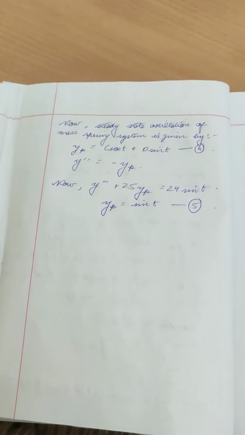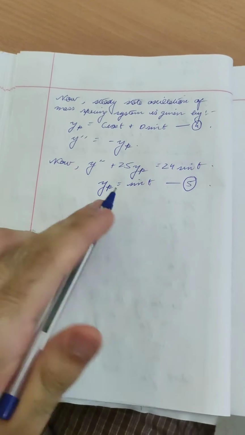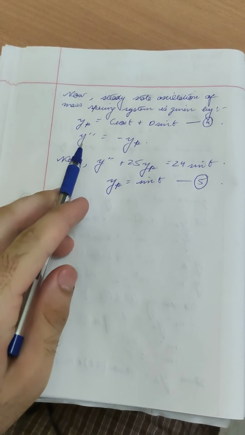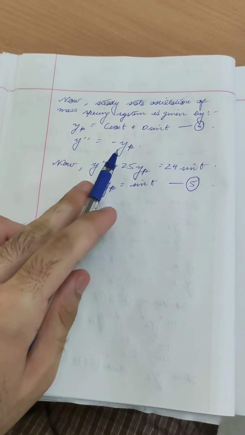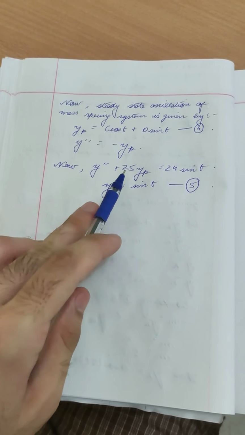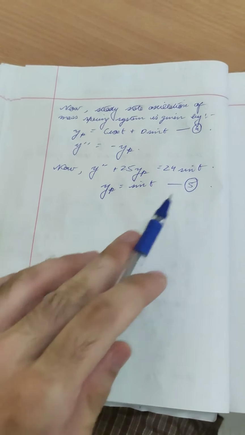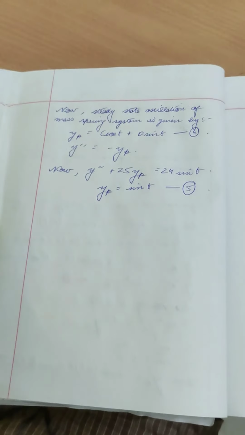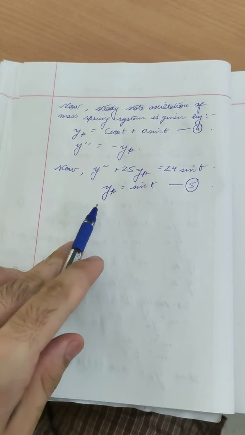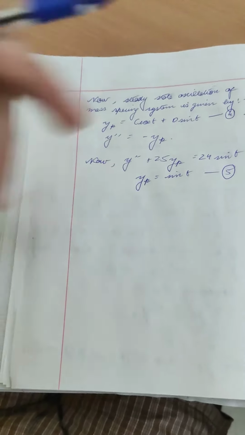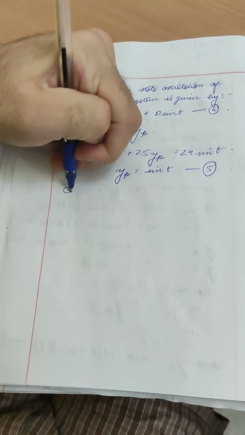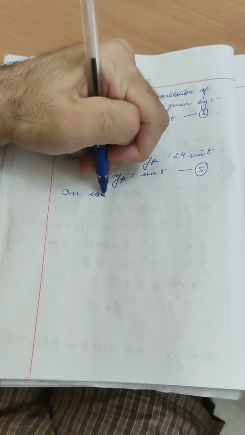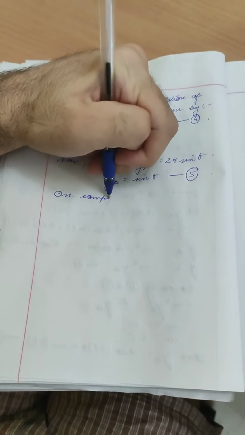Now you might be asking, how did we get this yp equals sin t? All we did was put the value of y double dash from this equation minus yp. So we got 24 yp, which equals 24 sin t. The 24 on both sides got cancelled and we are left with yp equals sin t. So what we're going to simply do is compare equation 4 and 5.